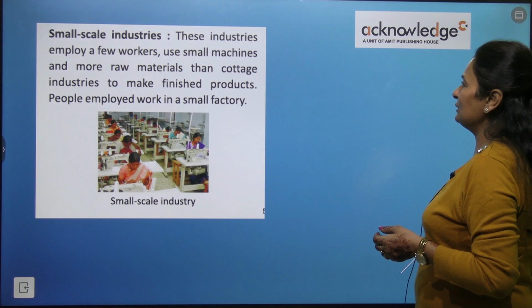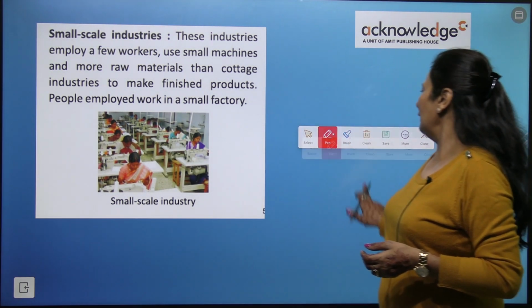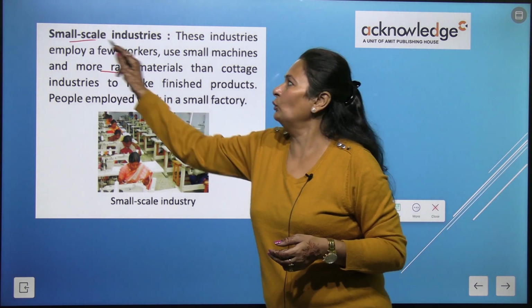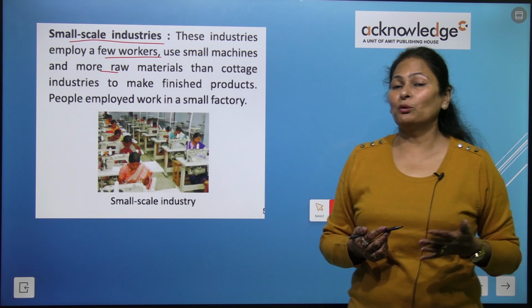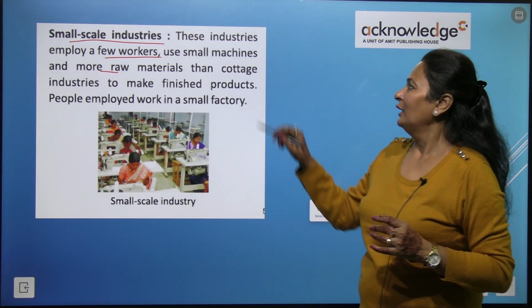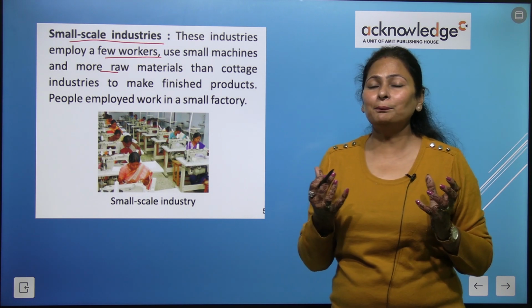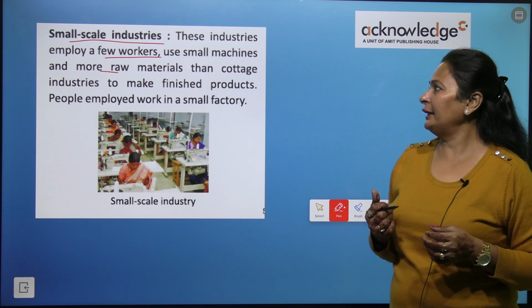The other type of industry is small scale industries. Small scale industries employ few workers, which means more people are working as compared to cottage industries, and they use simple or small machines and raw material.